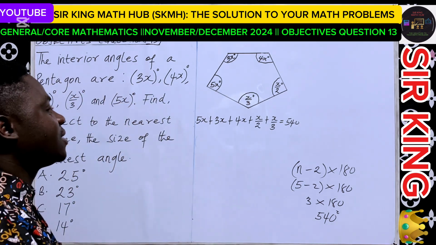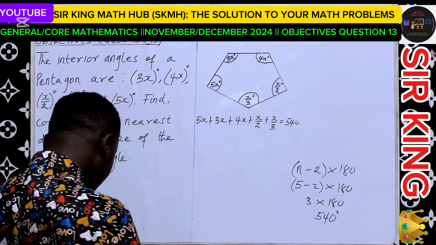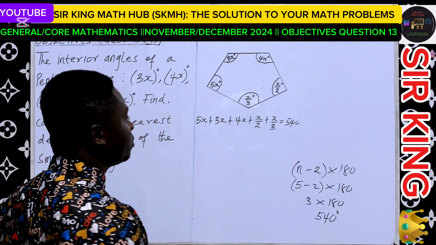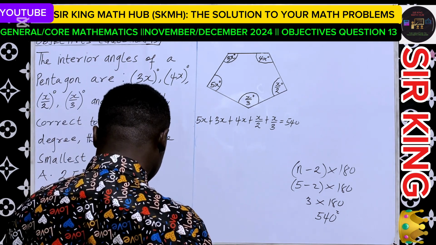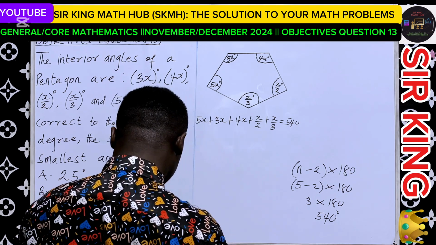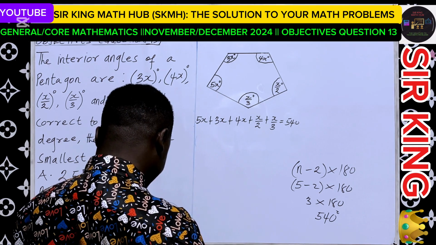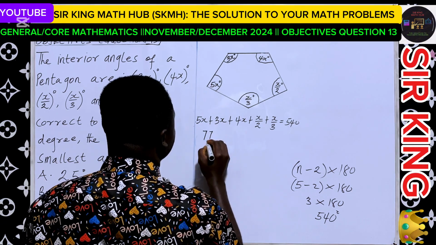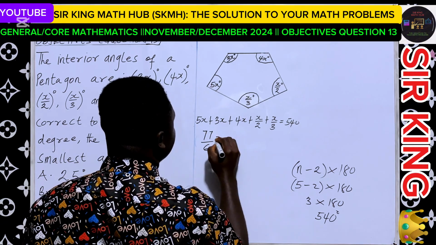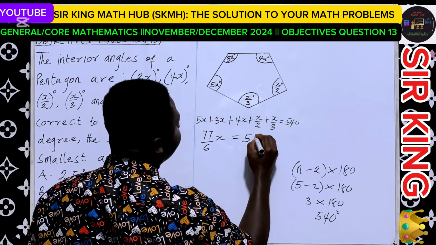So what is 5x plus 3x plus 4x plus half x plus 1/3 x? Let's focus on the coefficients of the variable: 5 plus 3 plus 4 plus 1 on 2 plus 1 on 3. We have 77 on 6. You can now attach the variable x, and this must be equal to 540.